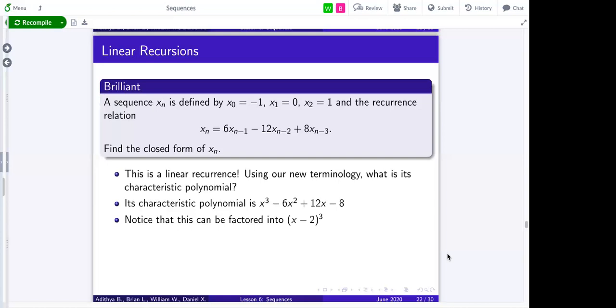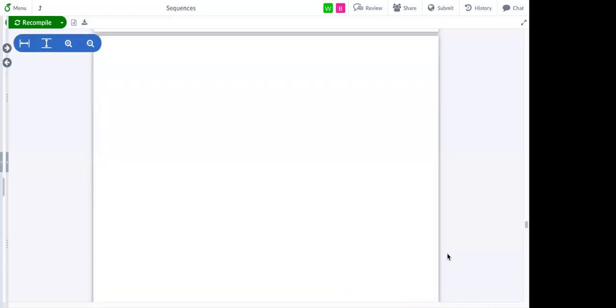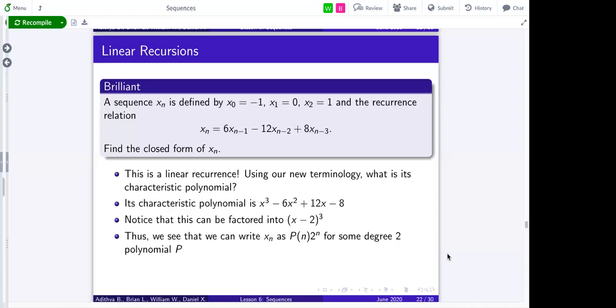So in particular, this tells us that we're going to have this 2 to the n, but we also have this polynomial p because its multiplicity is greater than 1. And the degree of this polynomial is going to be 1 less than the multiplicity of the root. So that means that the polynomial is going to be degree 2.